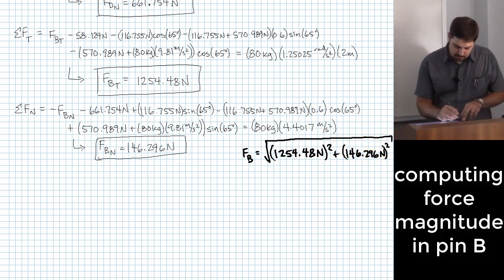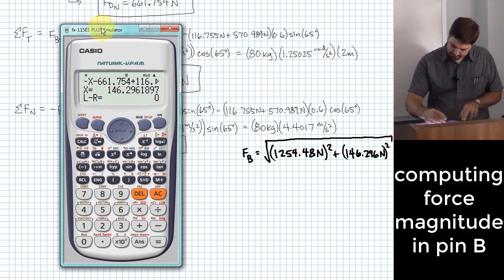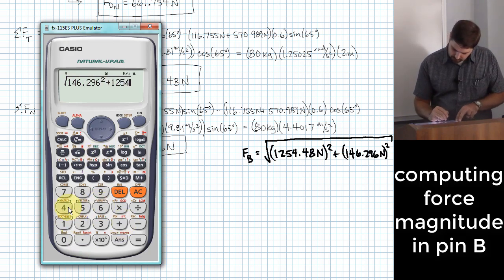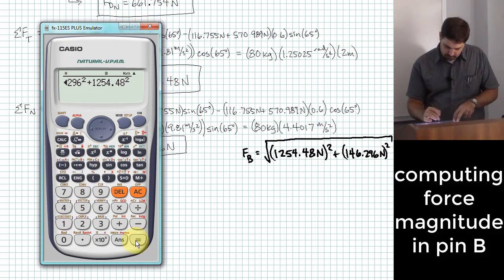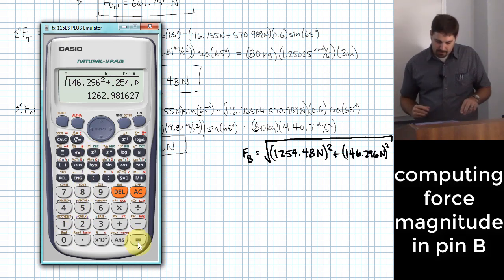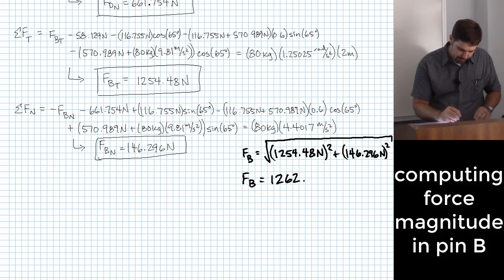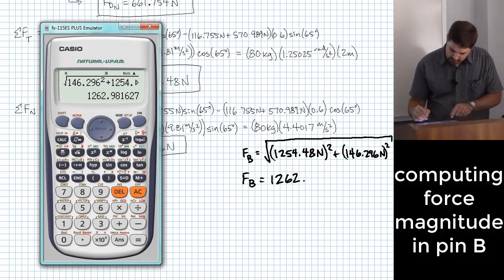Square root of the sum of those squares. That would give me 1262.98.